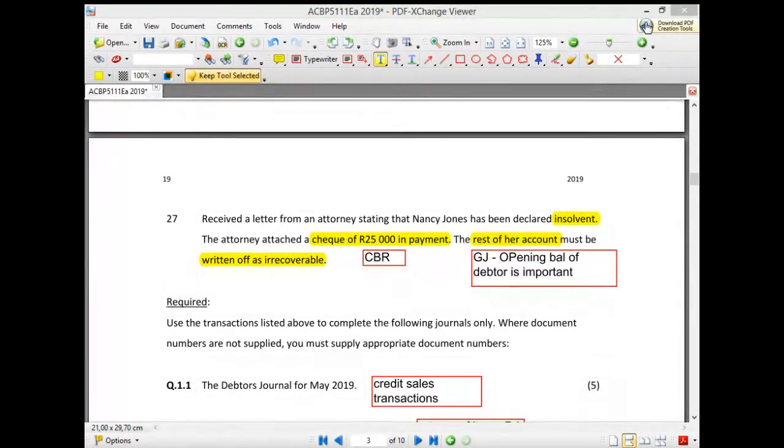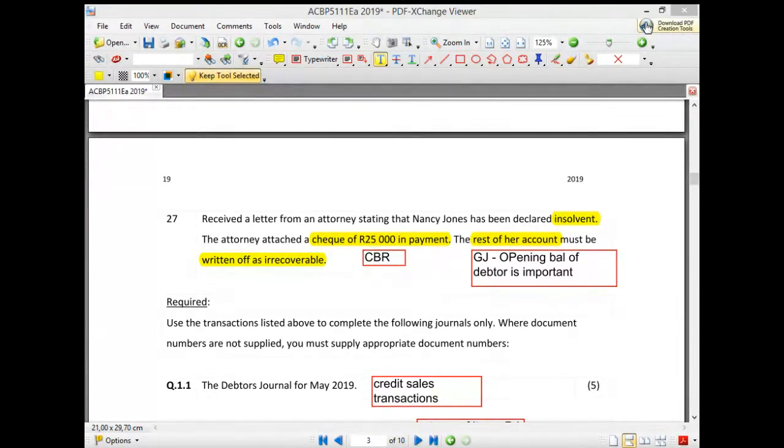Okay, now how do we actually work out how much money we now have to write off? What do you think is the approach you will have to follow? What is our starting point when we work out how much a debtor owes us at a point in time? Okay, so the class said we start with the opening balance. That's correct.